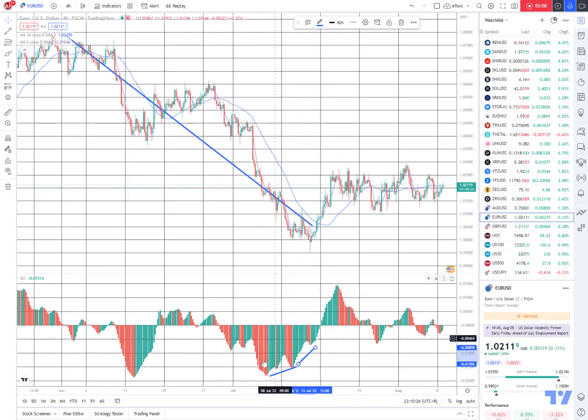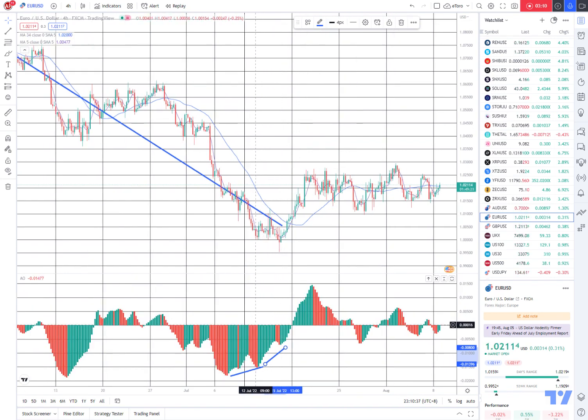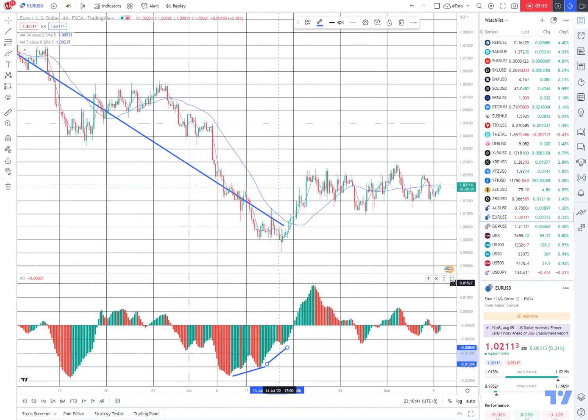When we have this situation, then we know there's something going on underneath, and it's a good time to take advantage of the reversal early.